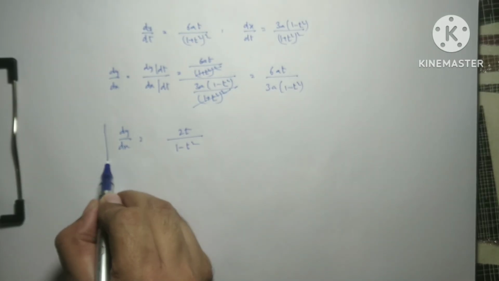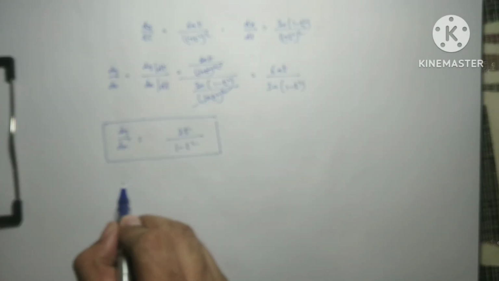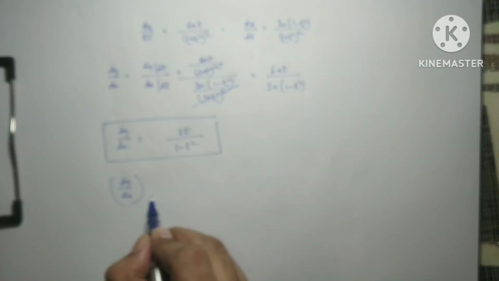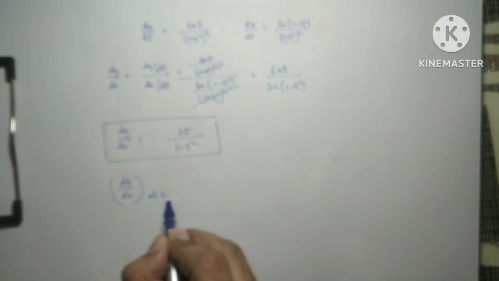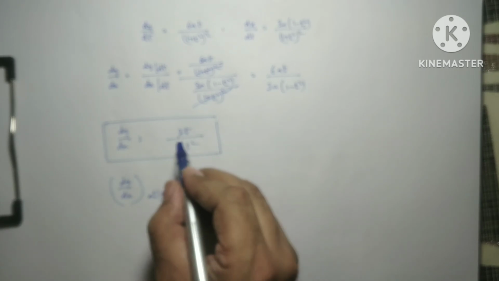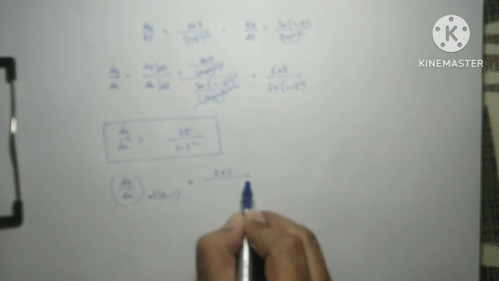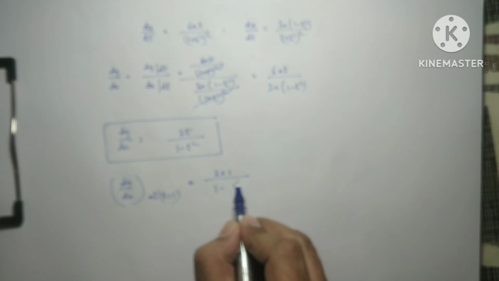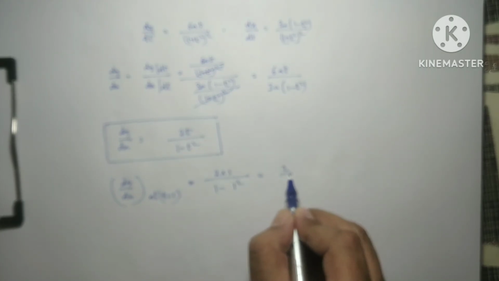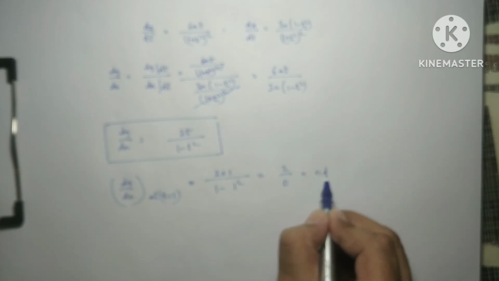So this is the first step. So dy over dx at t equals 1. In this expression, put the value of t, 1 minus 1 square, so you get 2 over 0. So it is not defined.